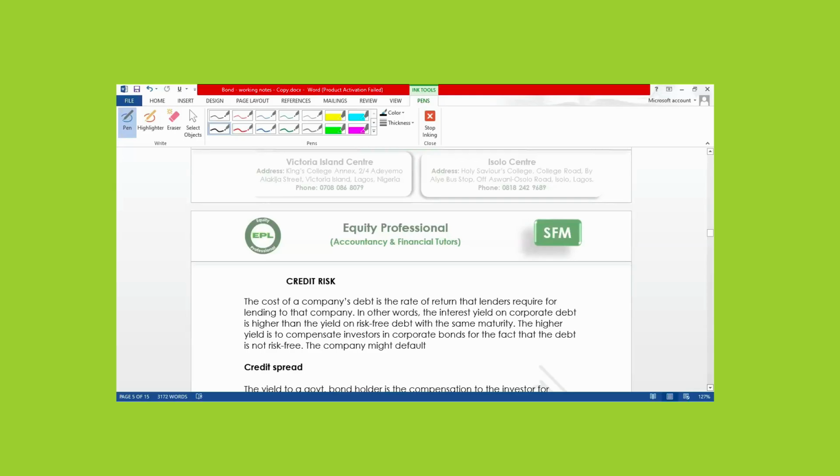Credit risk. What is credit risk? The risk that when a company borrows money through a bond, that company may fail to pay the interest and the principal repayment as and when due.